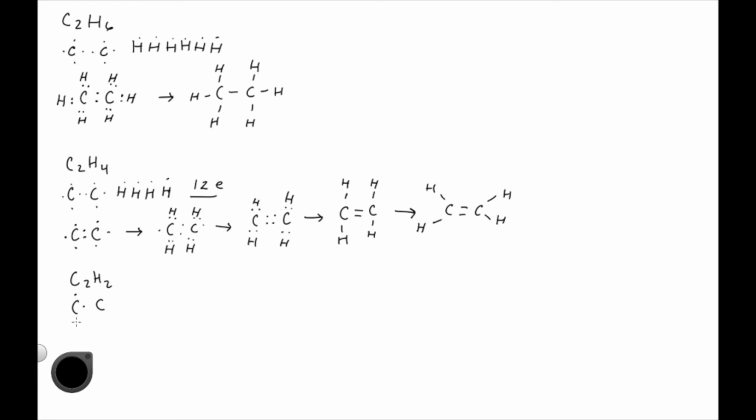And since carbon is in group 4, it's going to have 4 valence electrons. So a total of 8 valence electrons for the carbons. And then for our 2 hydrogens, we have simply 2 electrons for a total of 10 electrons. So 10 valence electrons to account for in acetylene.